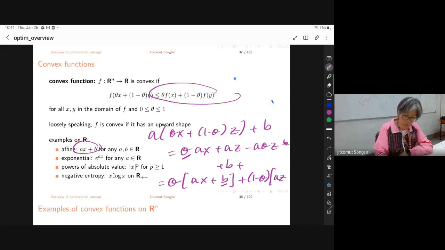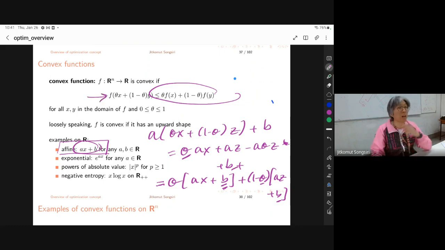If I have theta b here, it will compensate, because here I have minus theta b, and here I have theta b, and then I have 1 times b from the original term. These satisfy with equality. So the affine function satisfies the convexity condition with equality, and the affine function is convex.